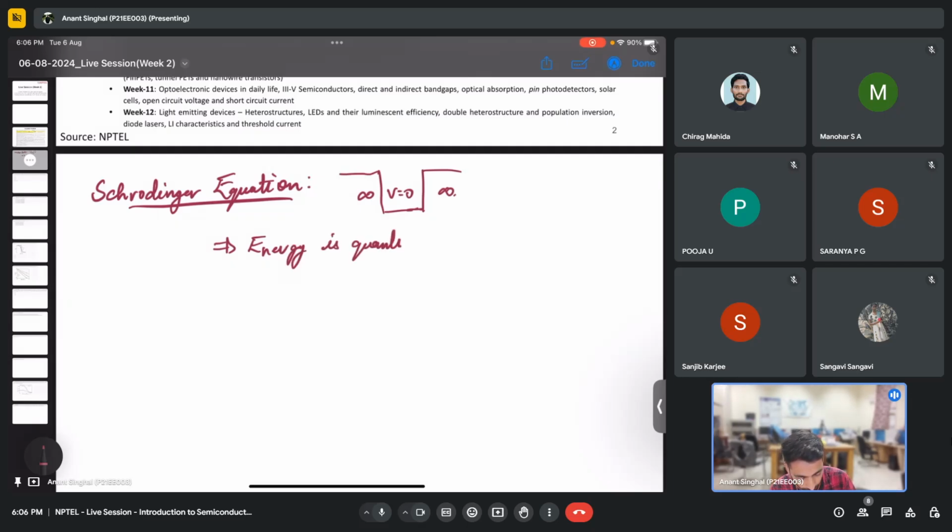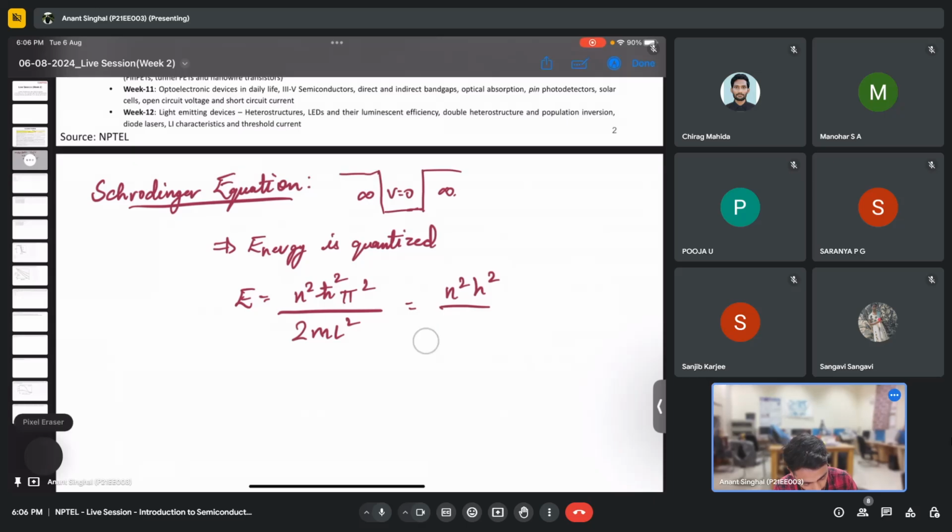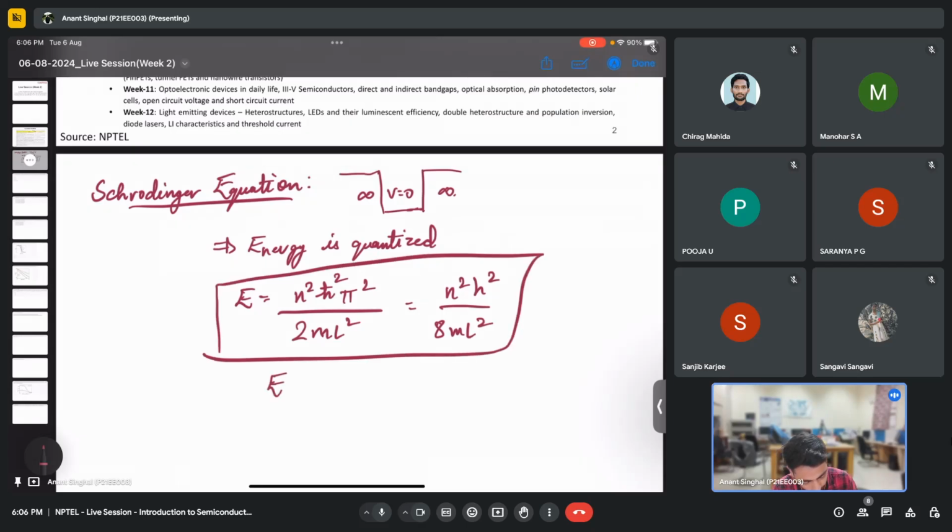This was the basic idea from the week one lecture, and we know that for an infinite potential well, we have the discretization of energy, which is given by the formula E equals n square h square by 8 m L square, which shows that energy is discretized as a ratio of n square. We also solved similar problems in which we calculated the ratio of energies if an electron moves from some particular energy level to the ground state.